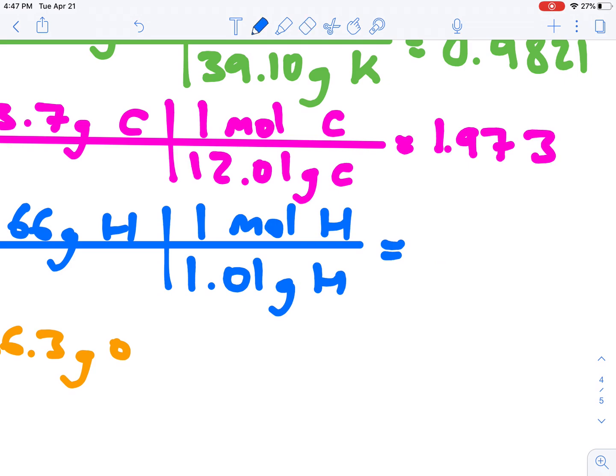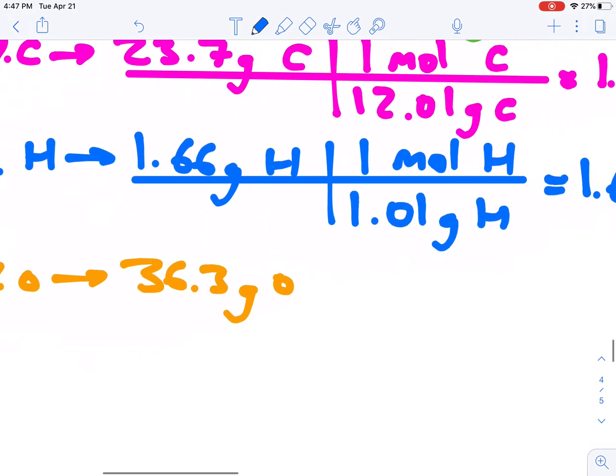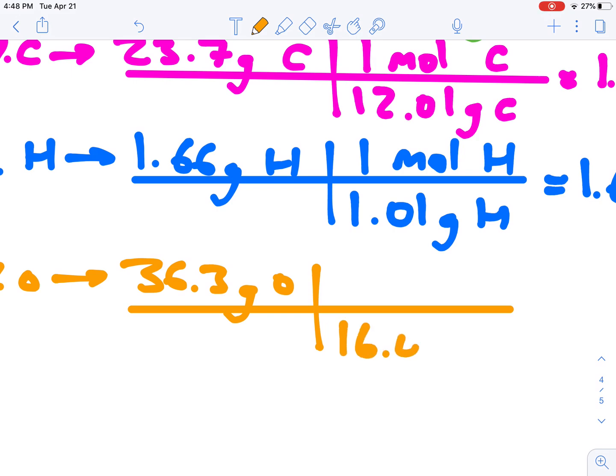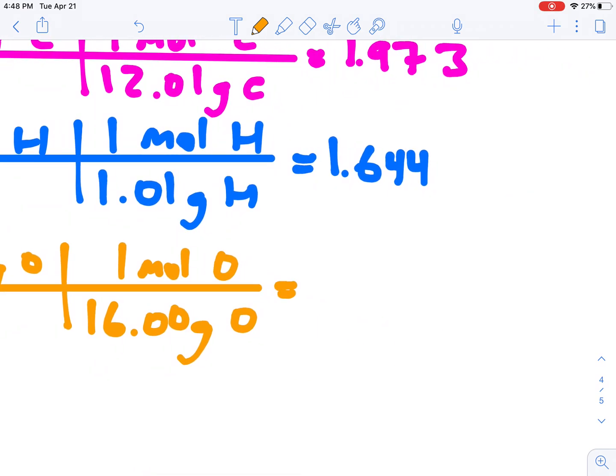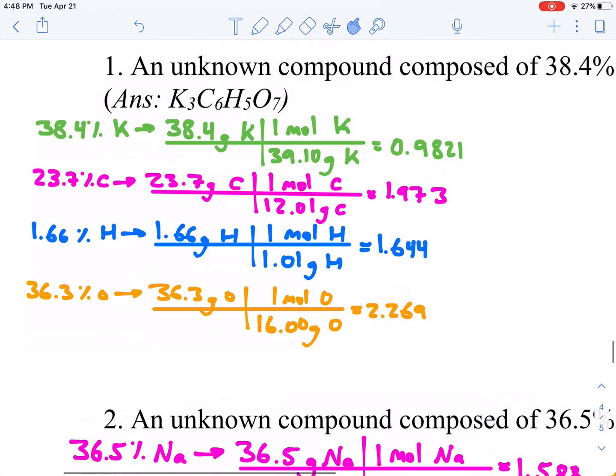My apologies, this is actually 1.644. And then finally for oxygen, oxygen has a mass of 16.00 grams for every 1 mole. And if you do that division, you will get the number 2.269.